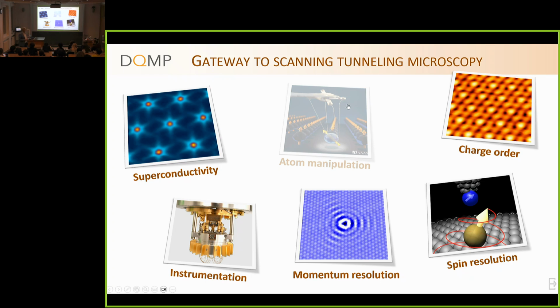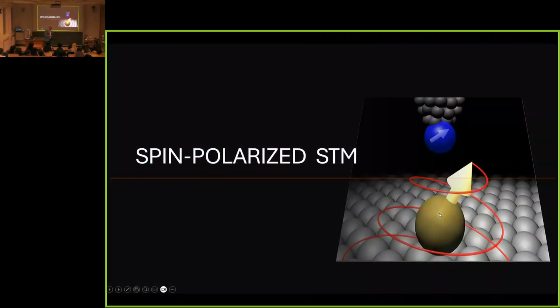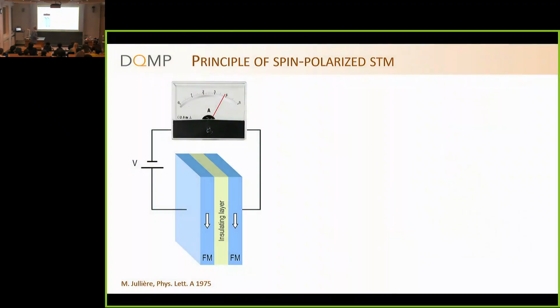So where do we go next? Spin resolution. This goes back to an old experiment on planar tunnel junctions. If you have two ferromagnets, let's say, separated by an insulating layer, you can do a tunneling experiment.